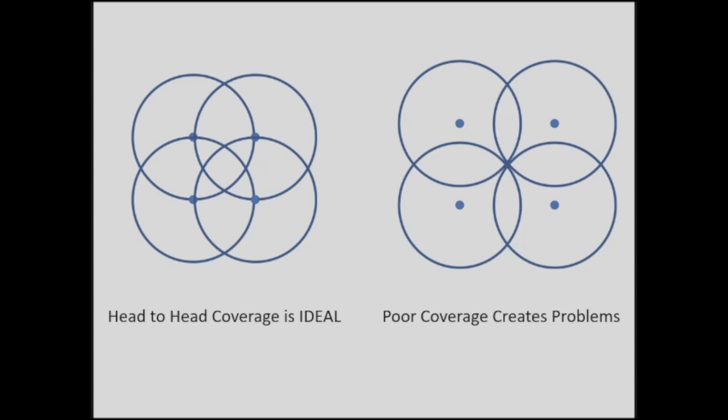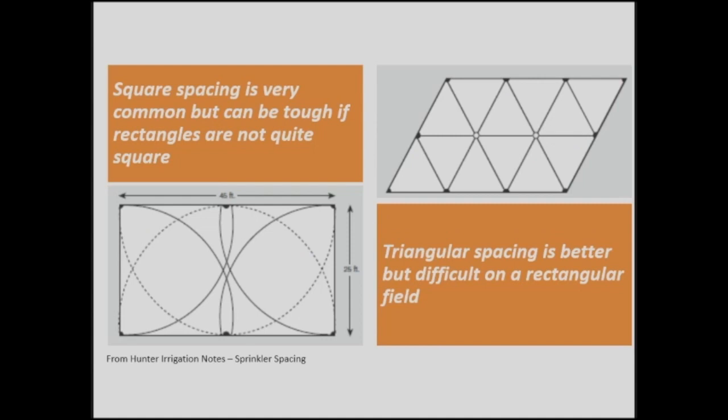Why do you think head-to-head coverage might be lacking sometimes? Spacing. Maybe the shapes of our fields are kind of hard if we have limited options with spacing. This is where we think about contacting professionals to install, right?